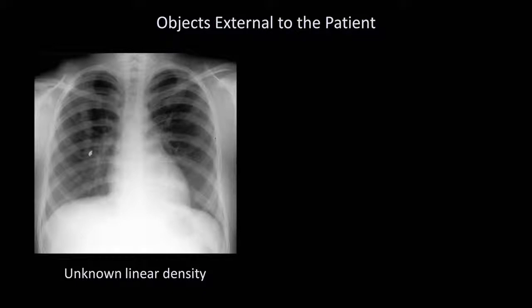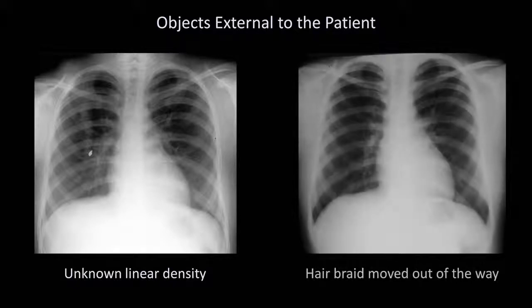The braid was then moved out of the way, the X-ray retaken, and the linear shadow has disappeared. The bottom line: whenever there is a shadow on the X-ray that doesn't make sense, especially if it doesn't respect normal anatomic boundaries, consider whether the shadow could represent an extracorporeal object.